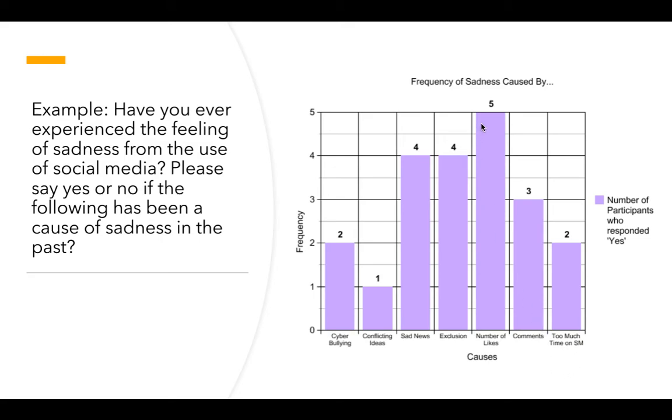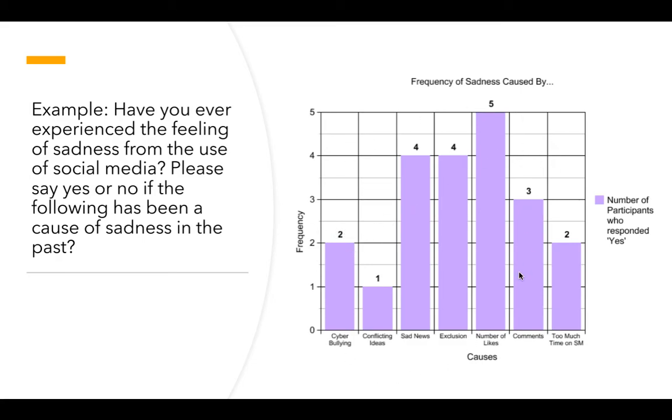So if all 5 participants are saying yes, number of likes in the past has caused them to feel sad, the frequency is 5. Here cyberbullying, the frequency is 2, and conflicting ideas, frequency is 1. And again, these are just made up numbers, I don't know her results yet.